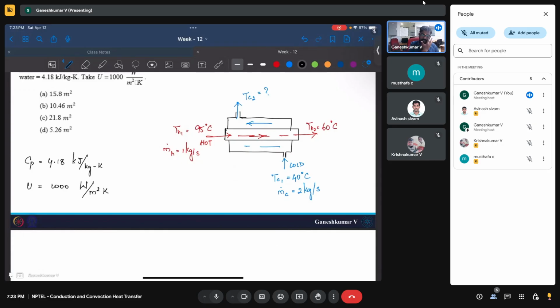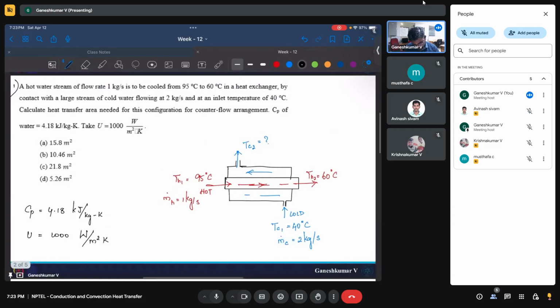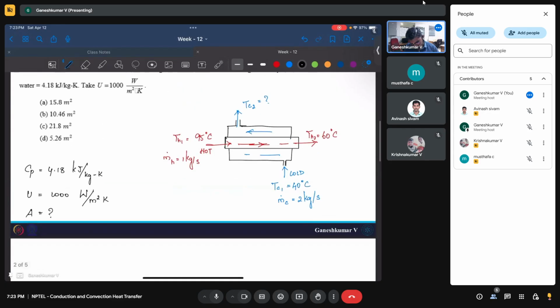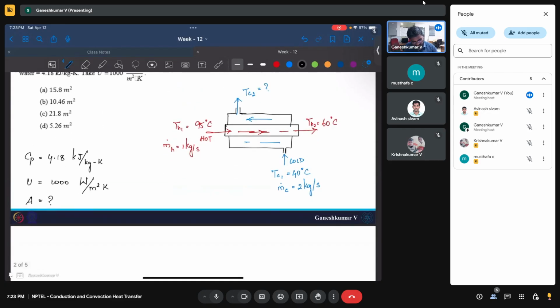So it has the same units as convective heat transfer coefficient. I mean, basically, this is also an overall convective heat transfer coefficient. Okay, so we are supposed to find what is the heat transfer area required. There are 4 options given. So first, we need to solve it to find it out.